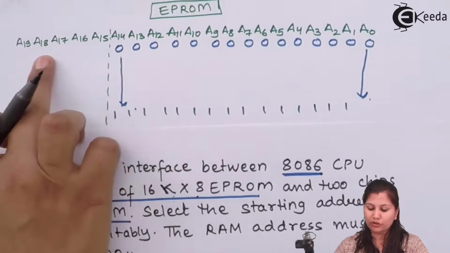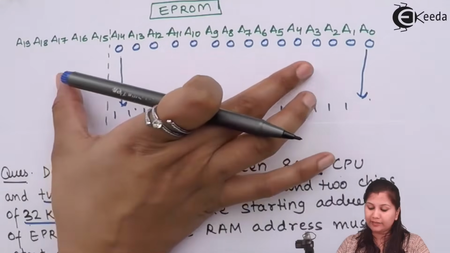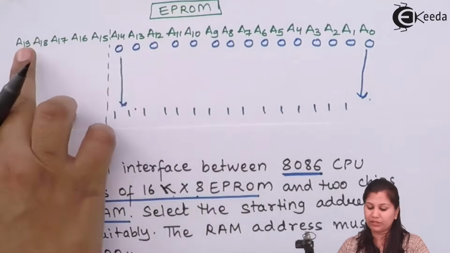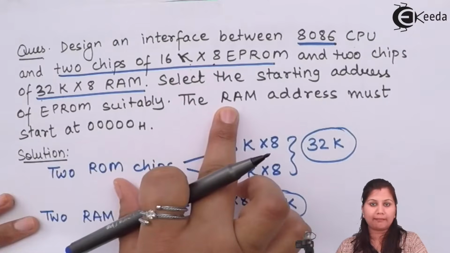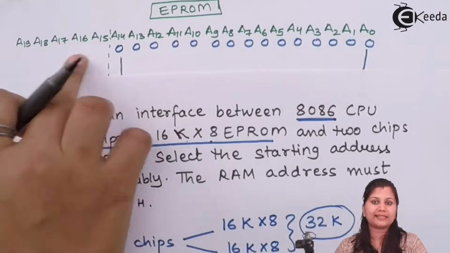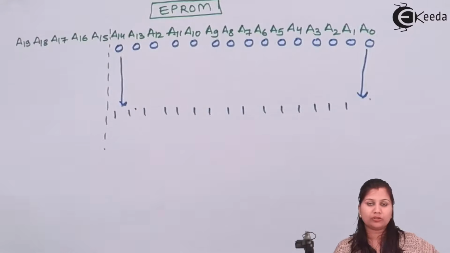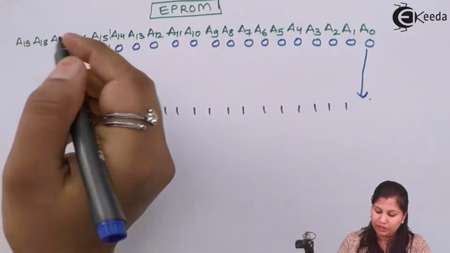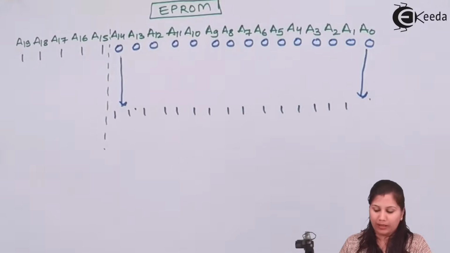If we keep the logic of all these 5 address lines as 0, the starting address for the EPROM will become 00000, but we have to use that for the RAM. So here we have to keep the values of all these address lines as 1, because the starting address 00000 is for the RAM. So here we will keep the logic of all these lines as 1.